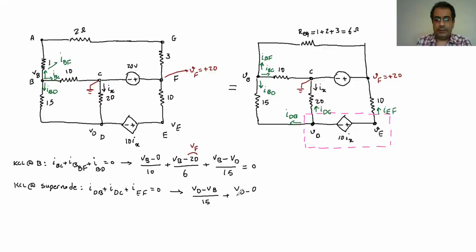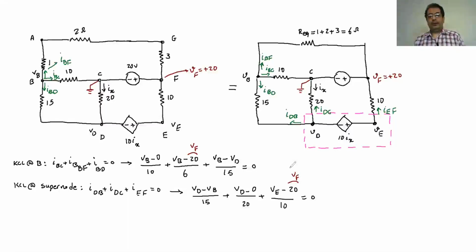So VD minus 0, so D minus 0, divided by 20. And then the one that goes from E toward F is going to be VE minus VF, which we know is 20. So it's the VF, and we know it is 20. And then divide that by 10, it's going to be 0.